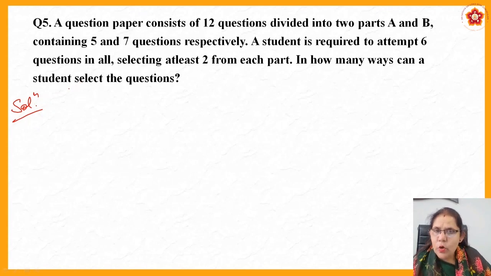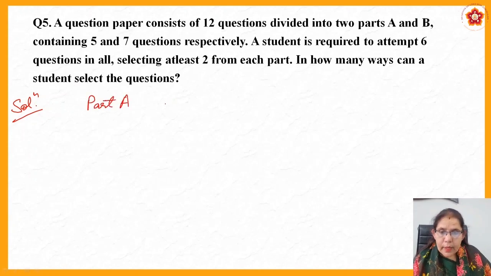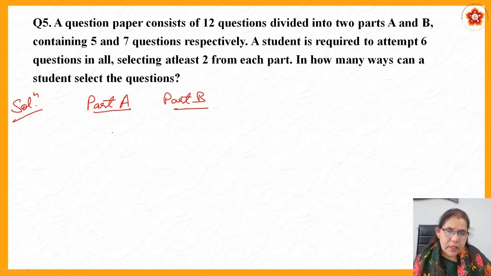That means part A has got 5 questions and part B has got 7 questions. A student is required to attempt 6 questions in all, selecting at least 2 from each part. In how many ways can a student select the questions? Now this is something which you frequently come across when you are appearing for exams. So in the question paper there are 2 parts, part A and part B.